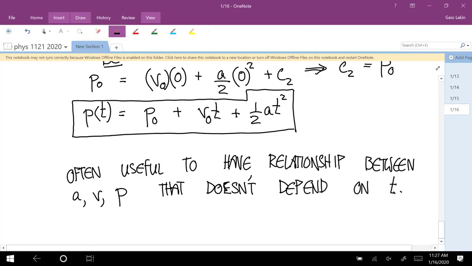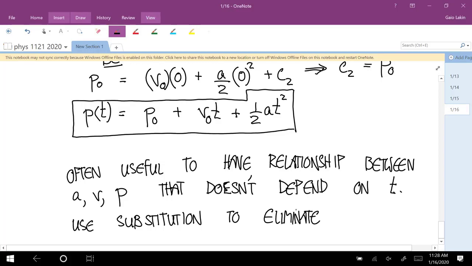So we're going to use the equation from 2 and the equation from 3 and just eliminate time. We're going to combine those two equations using substitution, so we'll use substitution to eliminate the explicit dependence on time.